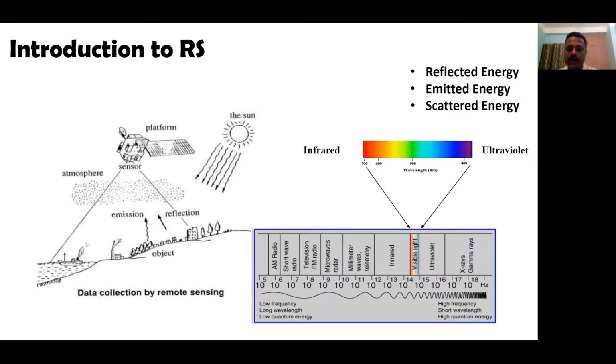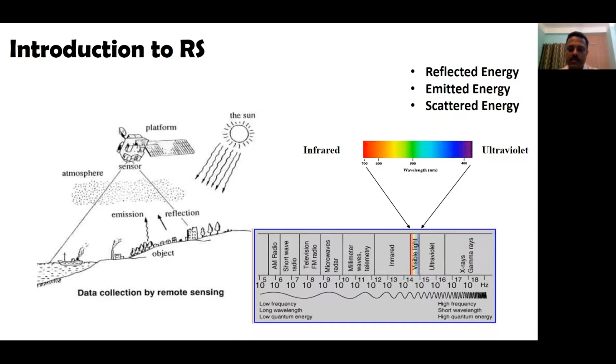So why are we highlighting this visible light? Because in the process of remote sensing, we utilize this range of wavelengths. If we engage these wavelengths in the process of remote sensing, this remote sensing is known as optical remote sensing.